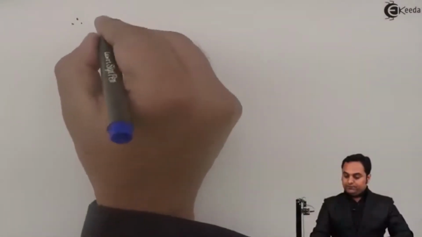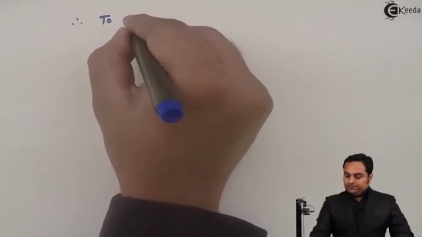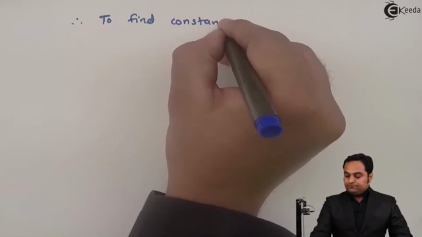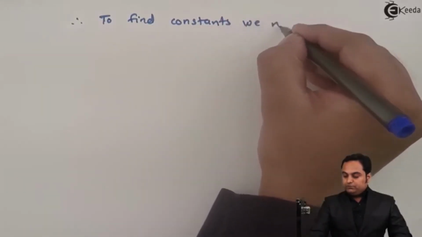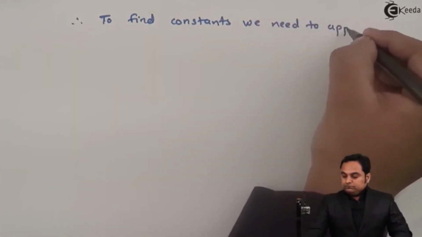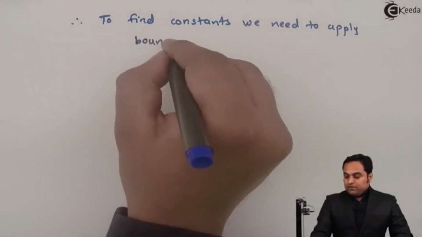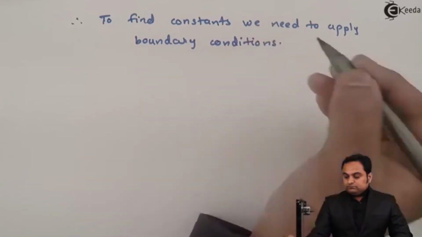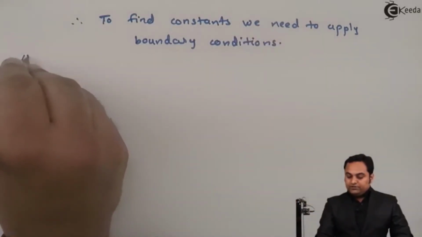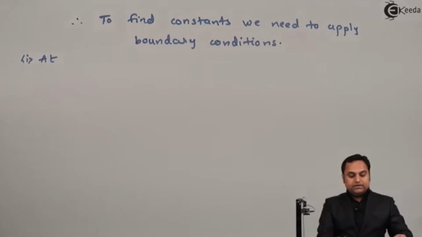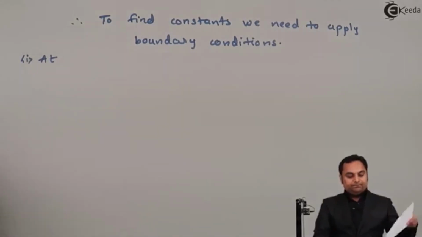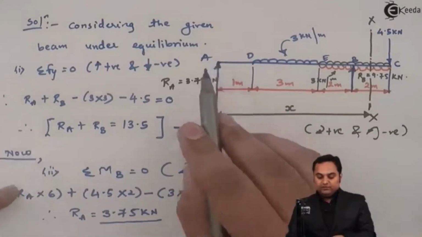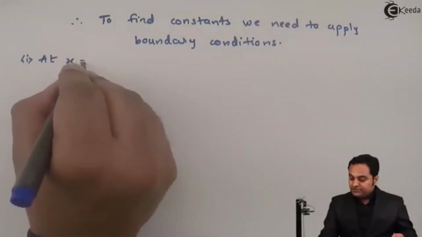So therefore, to find the constants, we need to apply boundary conditions. The first boundary condition is at distance x equal to 0, the y value is 0, that is, deflection is 0.